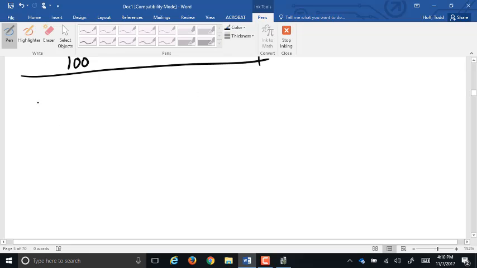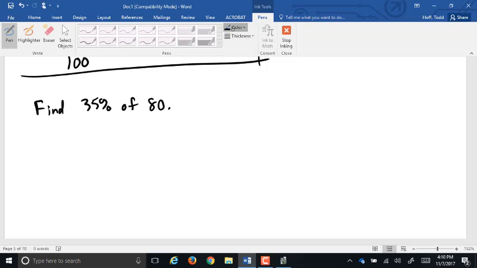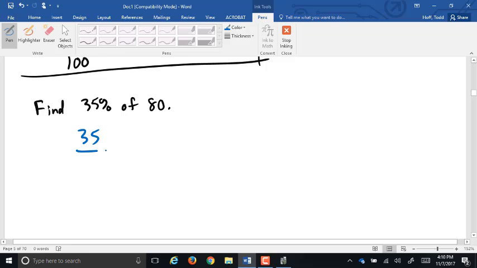For example, let's ask you to find 35% of 80. So I'm going to start with the percent. I tend to always start with the percent in these problems. 35% is 35 over 100.